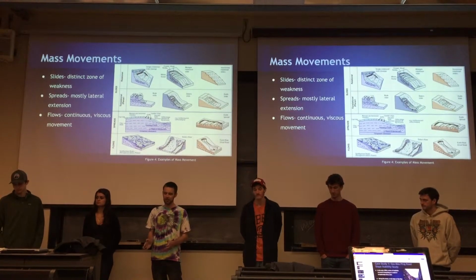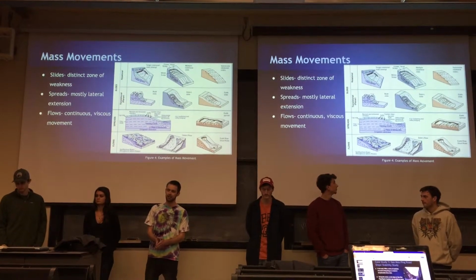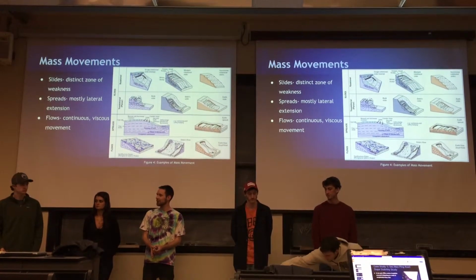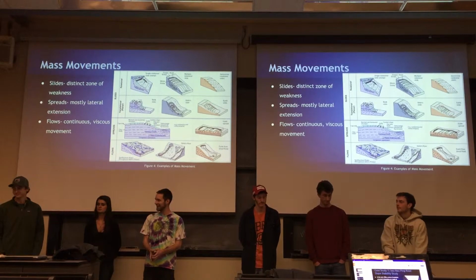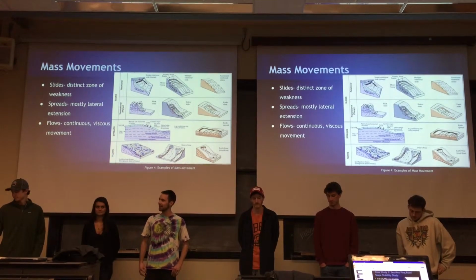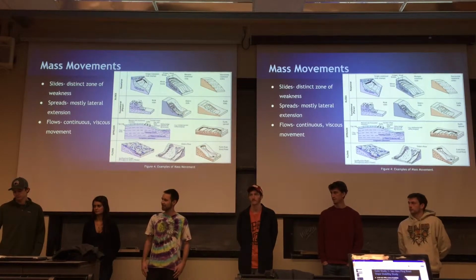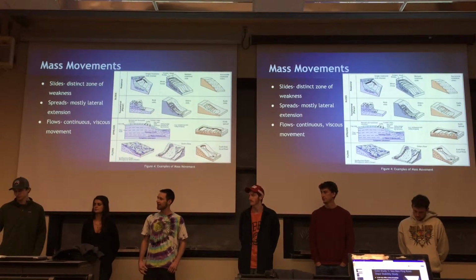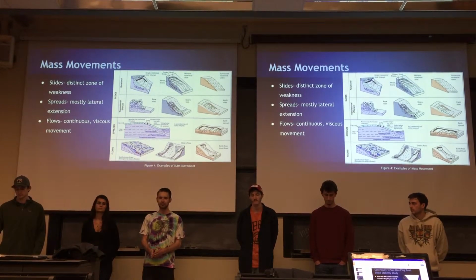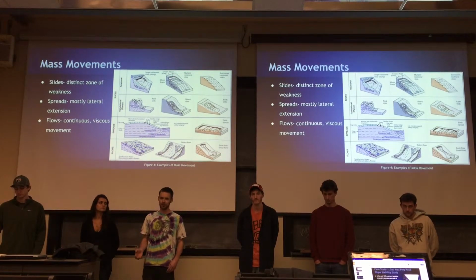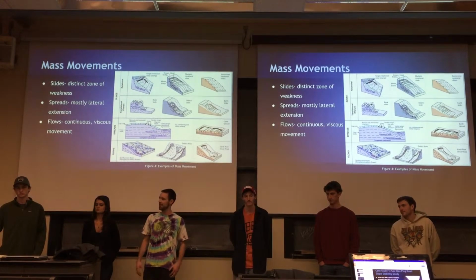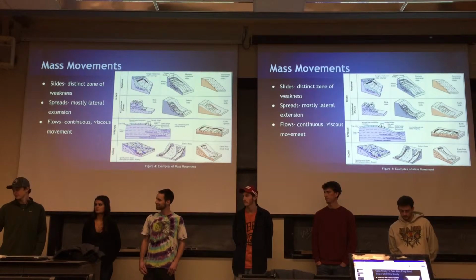Spreads occur during seismic activity and other vibrations that cause the soil to liquefy, and this causes a lateral spread of the soil and debris. And flows occur when the soil becomes a viscous fluid and will flow in one mass downhill.